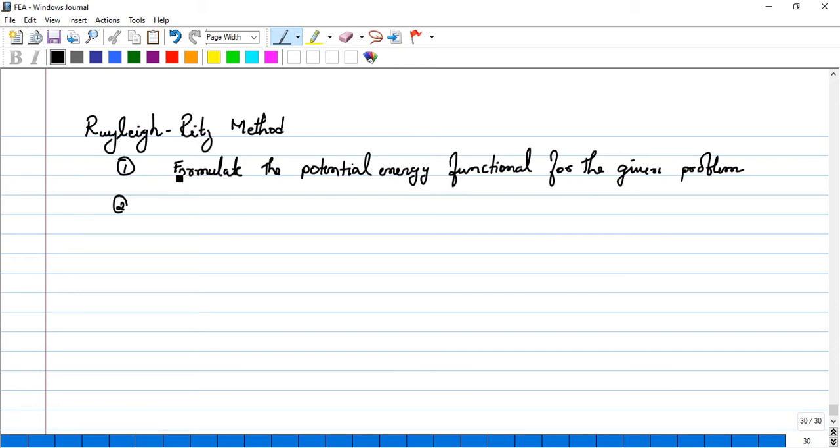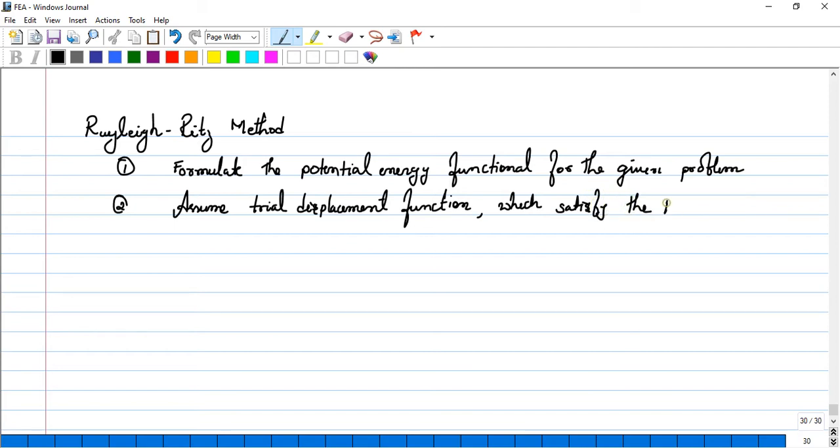So assume a trial displacement function for the given problem which satisfies the boundary condition.